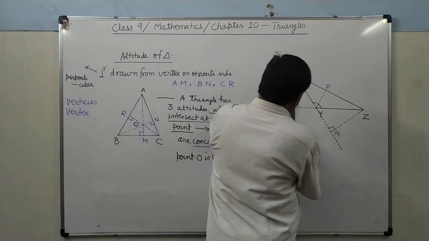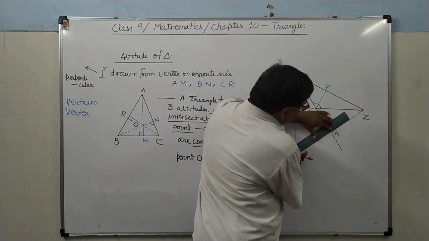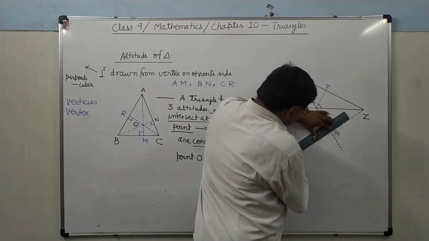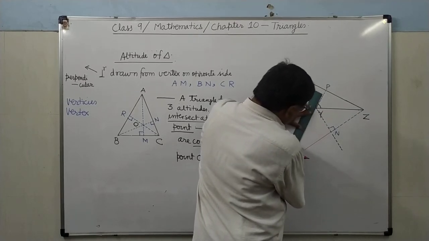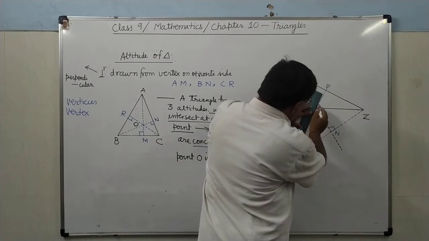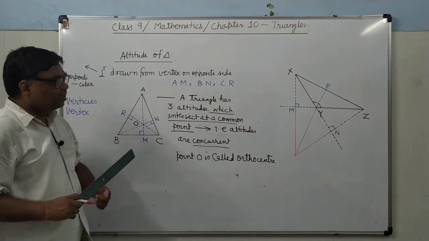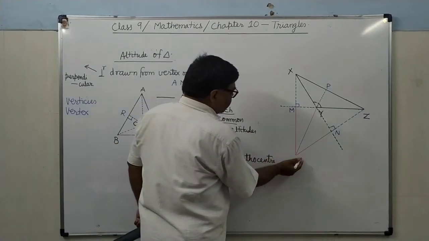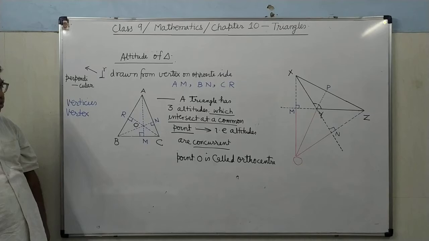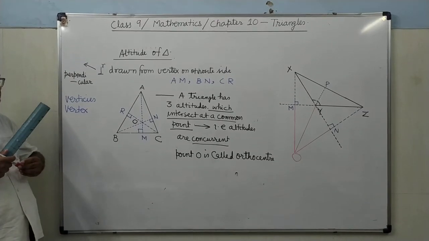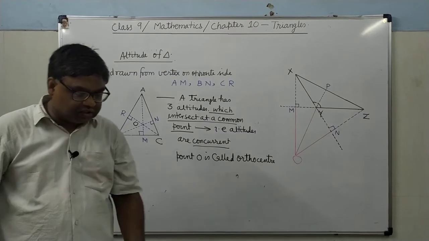When you produce it in this side, it goes this way, and when you produce this, here also it will pass through the same point. This point will be the orthocenter. The point where altitudes intersect is known as the orthocenter.